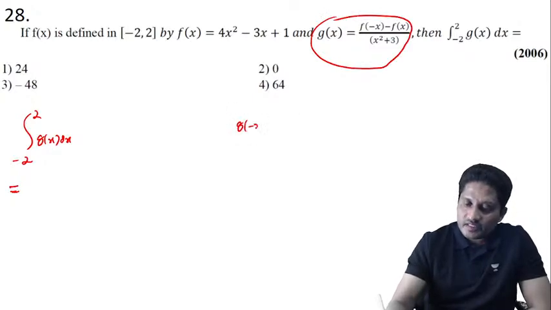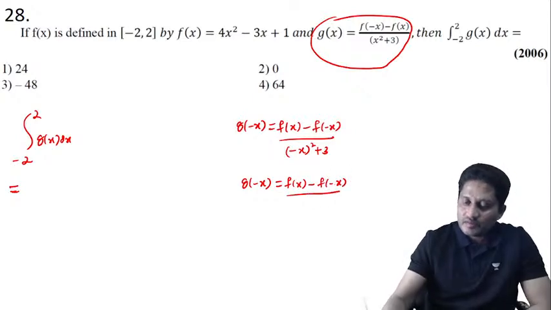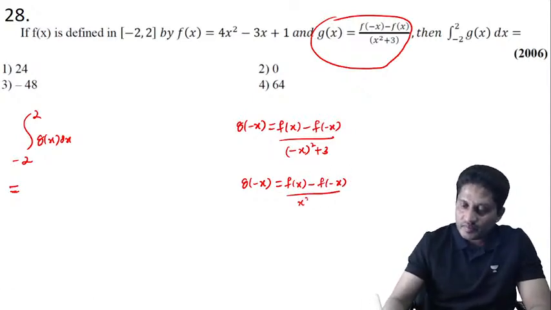G of minus x will be f of minus x plus f of x, the whole divided by minus x the whole square plus 3. G of minus x is equal to f of x minus f of minus x divided by x square plus 3.